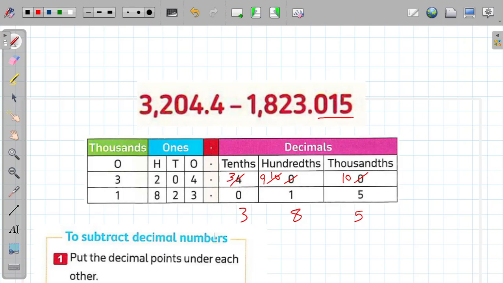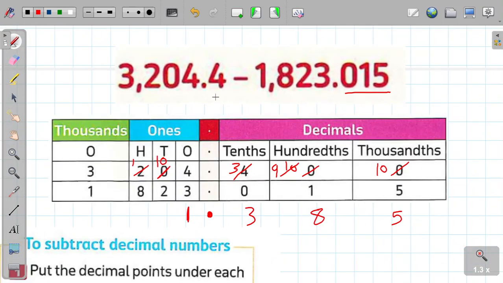equals 3. Next, I will have the decimal point, and 4 ones: 3 minus 3 ones equals 1 unit, and I have 0 tenths minus 2 tenths, so I will borrow from 2, it will become 1, and 0 will become 10.